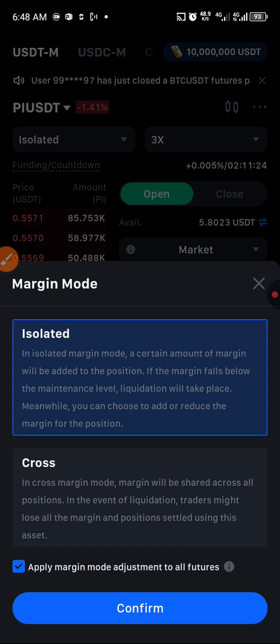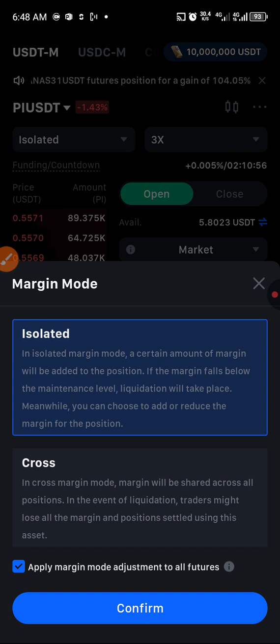So if you are using isolated, it means once your trade opens, it is only that 2 USDT that will be read. Everything about your trade will be calculated on it. So that 2 USDT will be separated. The remaining 8 USDT will not be touched.